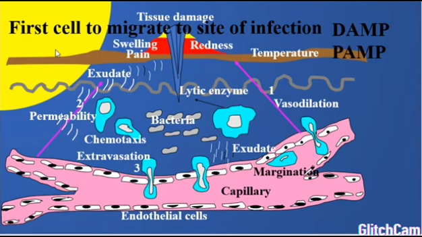Neutrophils are the very first cells to arrive at the site of infection, and they are attracted or recruited by damage associated molecular patterns and pathogen associated molecular patterns.